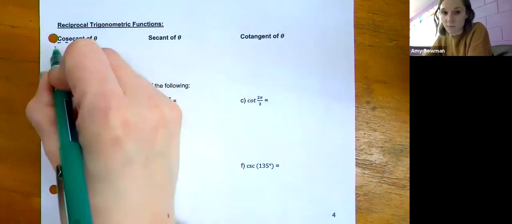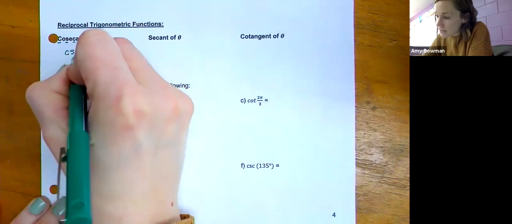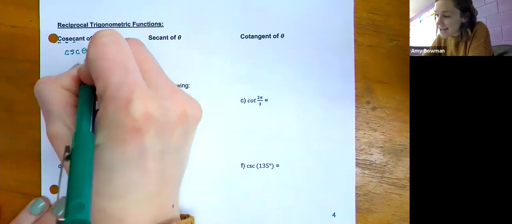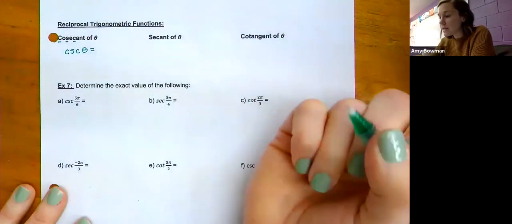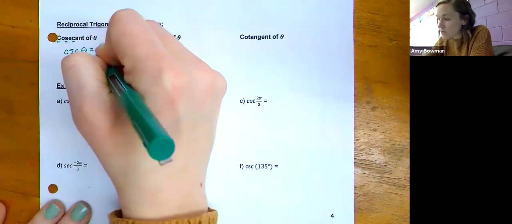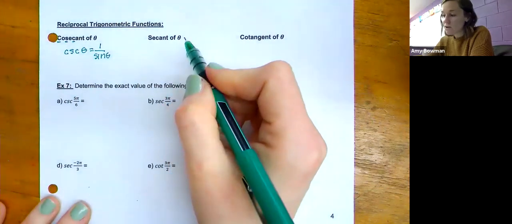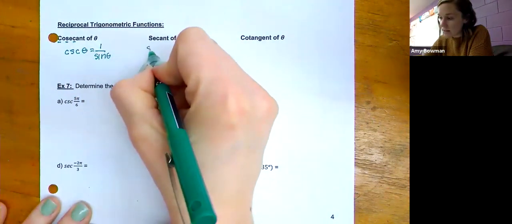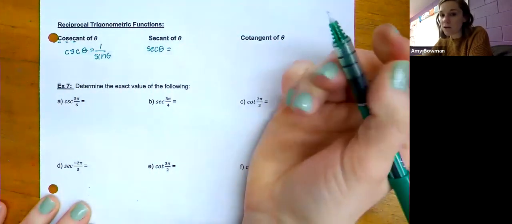Cosecant is just the full word, but the symbols are CSC for cosecant, and that is simply the reciprocal of the sine function, so 1 over sine theta. The secant function, which we abbreviate with SEC, secant of theta, is just the reciprocal of the cosine function.